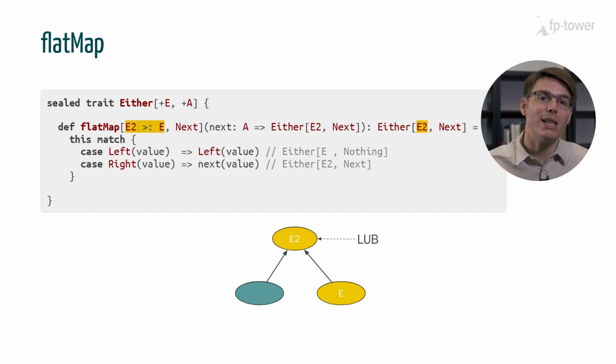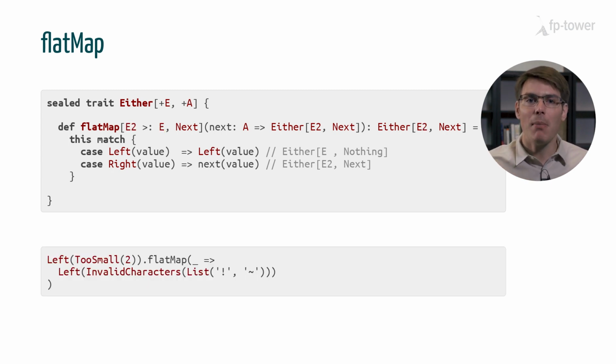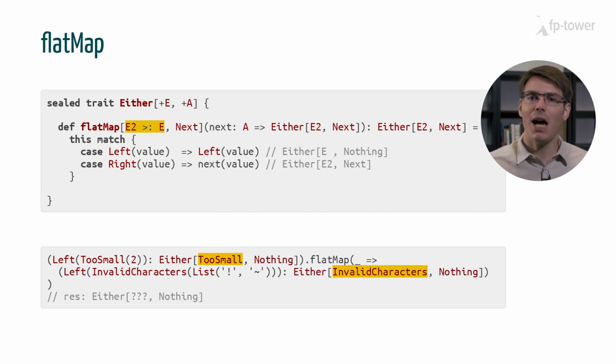So let's go through two examples to show you that it actually works pretty well. First, let's start by flat mapping Eithers with TooSmall and InvalidCharacters error. I added type annotations to show you the types that are inferred. The problem here is that InvalidCharacters is not a parent of TooSmall, which means that the constraint from flatMap is not respected.